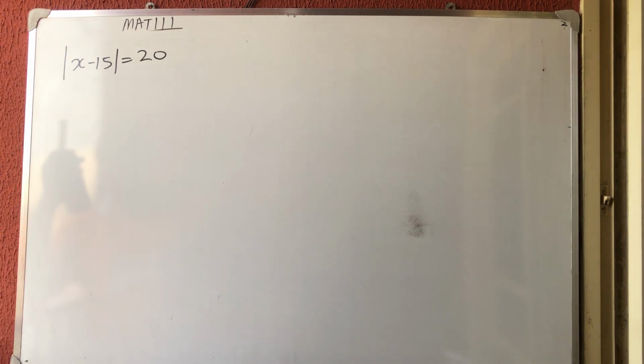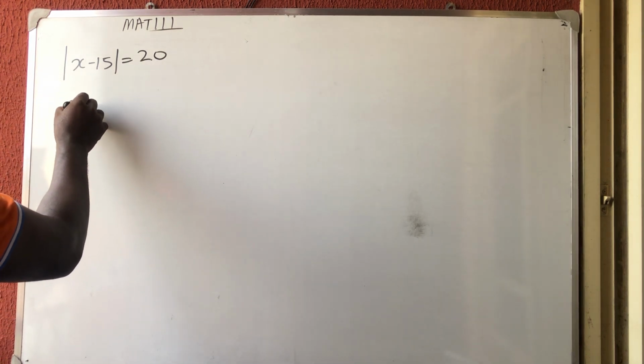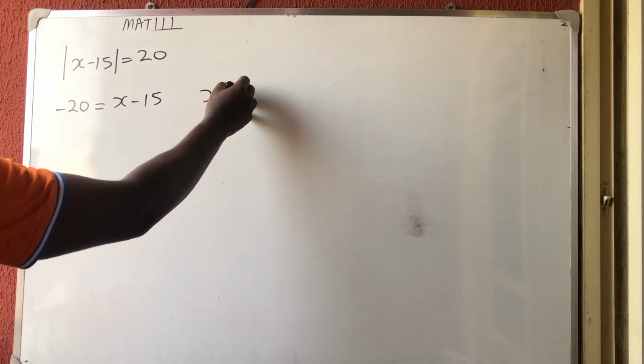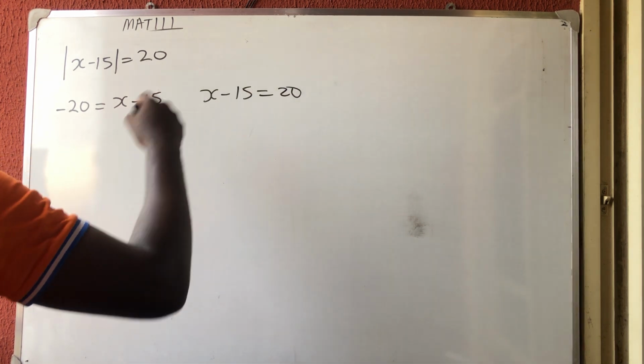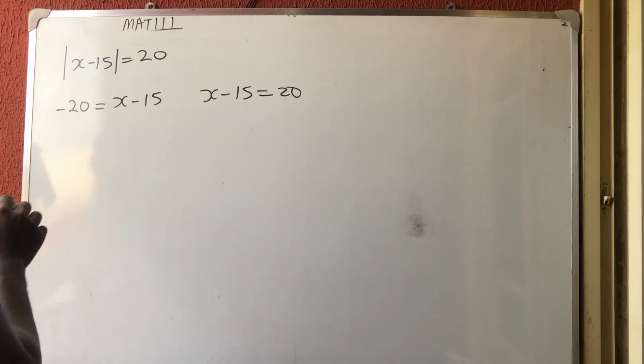So we can say that minus 20 is equal to x minus 15, and x minus 15 is equal to 20. So what do we have now?